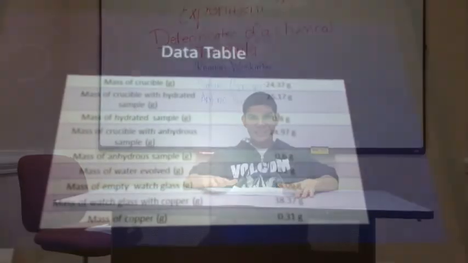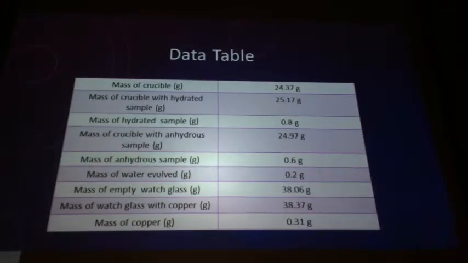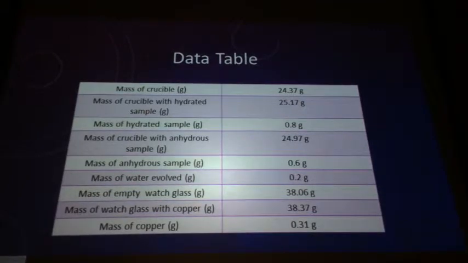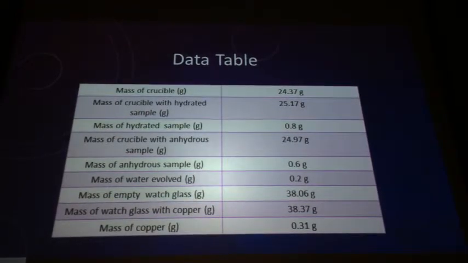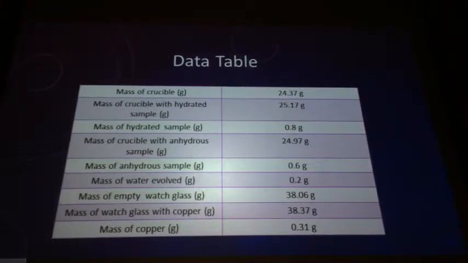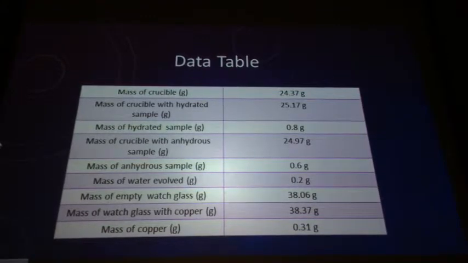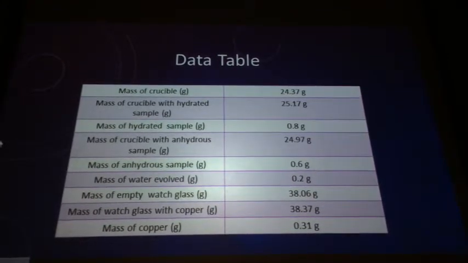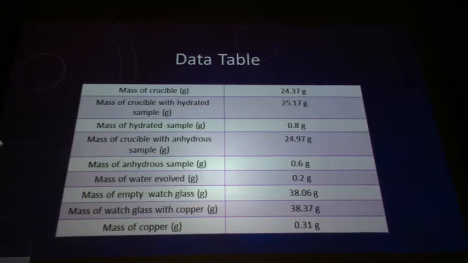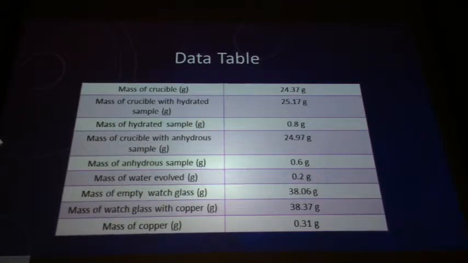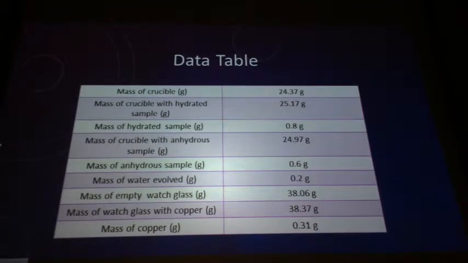Our results for the experiment were: the mass of the crucible was 24.37 grams. The mass of the crucible with the hydrated sample that we took at the beginning was 25.17 grams, which means that the mass of the hydrated sample was 0.8 grams.